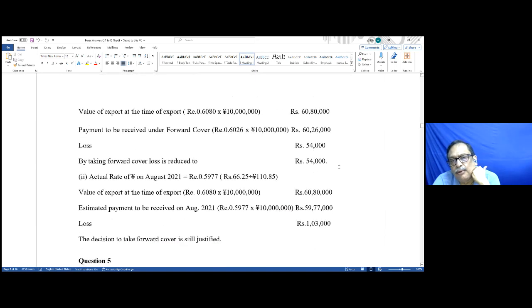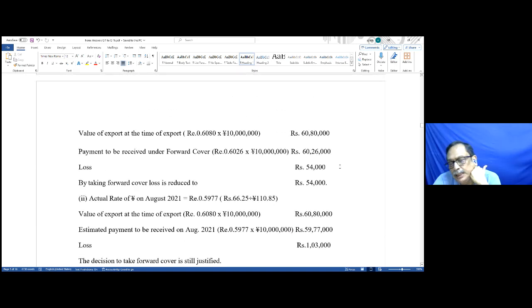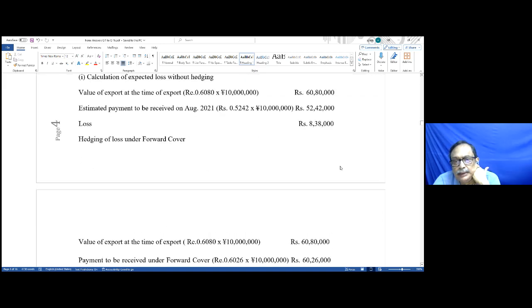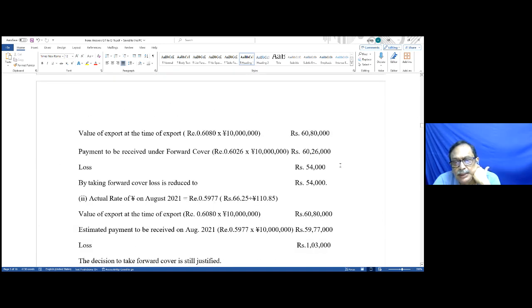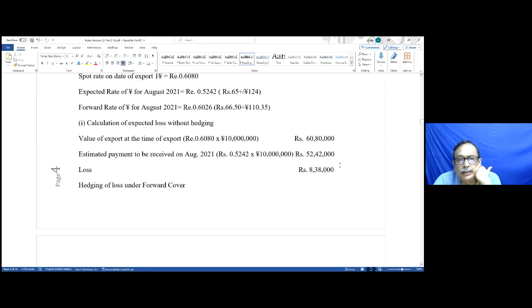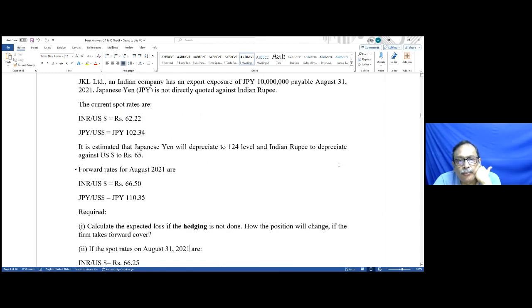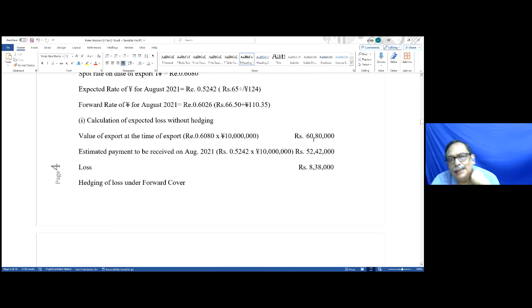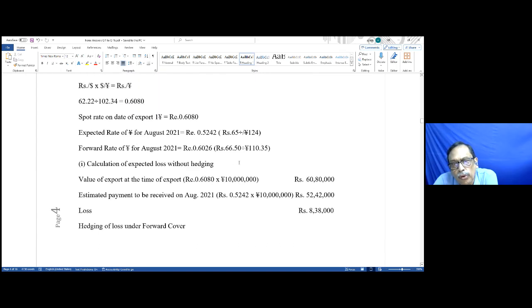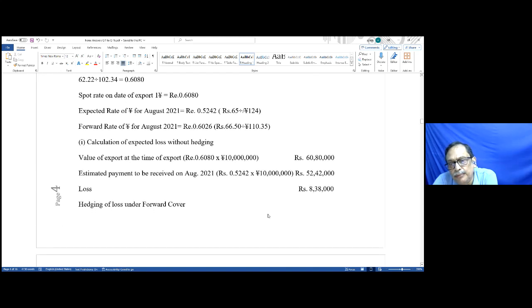Then payment to be received under forward cover, that is total amount of yen multiplied by 0.6026.